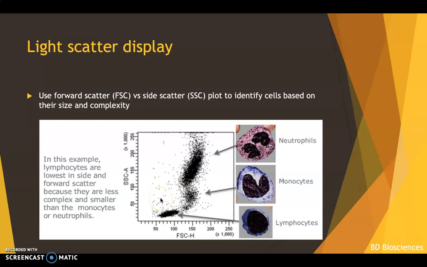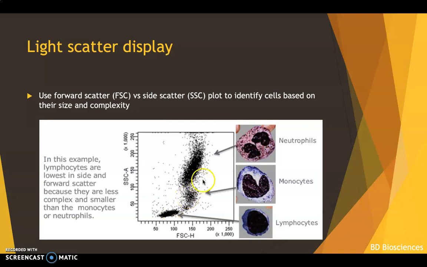Usually when we look at lymphocyte, monocyte versus neutrophils, lymphocyte is a lot smaller than monocyte and neutrophils. Hence we can see that it's populated down on the bottom left of this picture, and lymphocyte also has less granularity or complexity, so it also sits lower on the SSC scale.